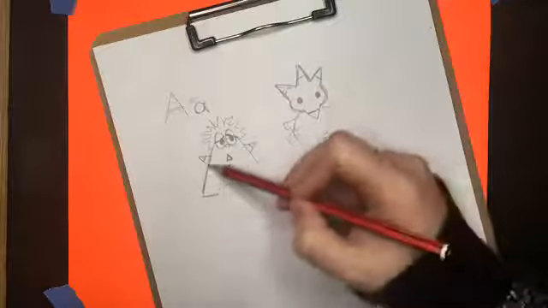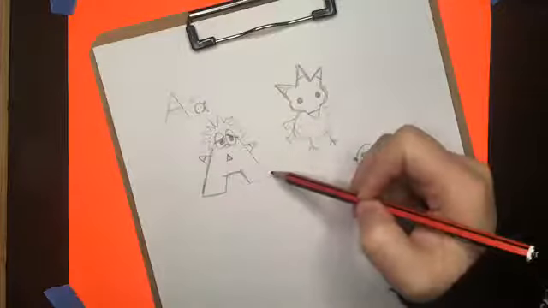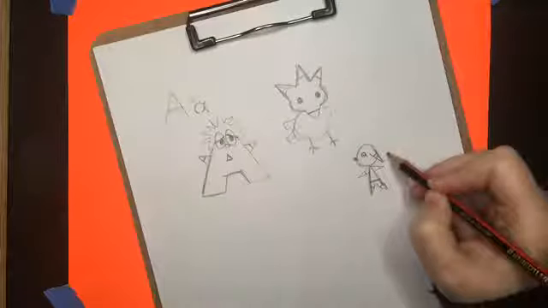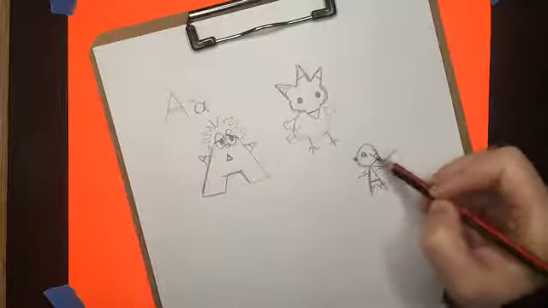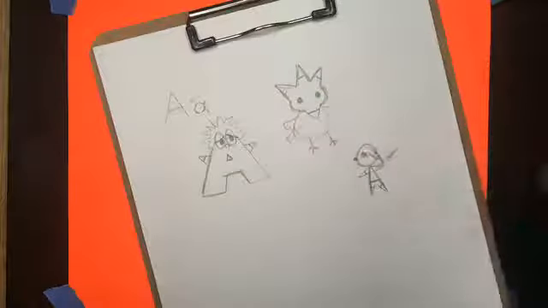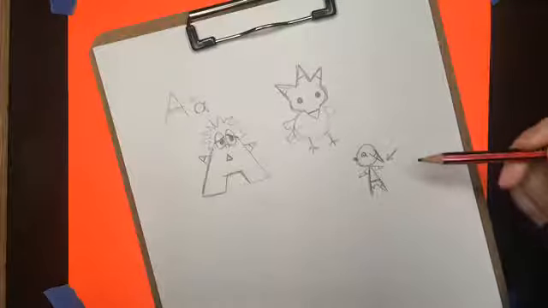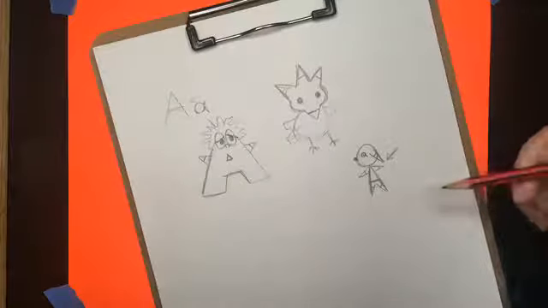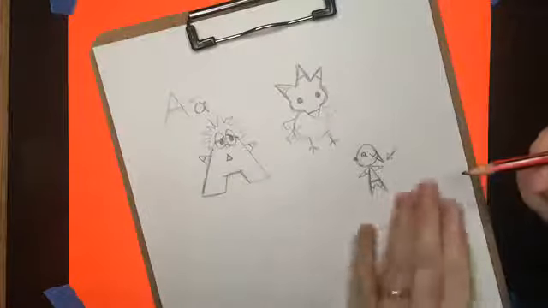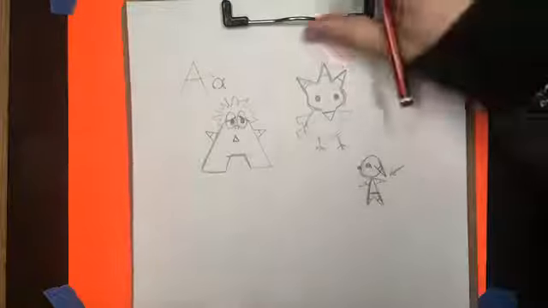For this way, I used the letter itself as the main body of the character. And for this one, I challenged myself to only use upper and lowercase a as all the shapes. And you can rotate, you can flip, however you like. Okay, and that is the warm-up for today for our doodle along.